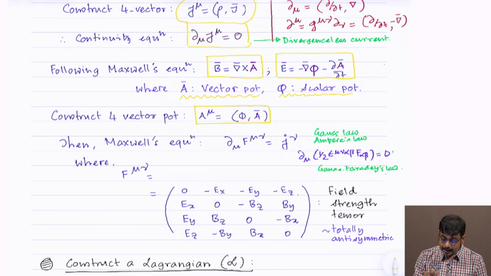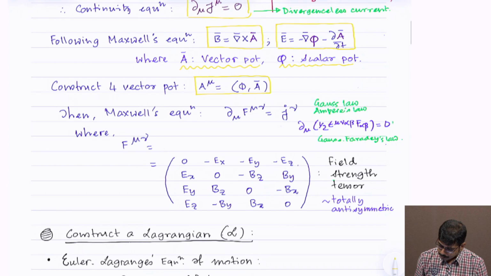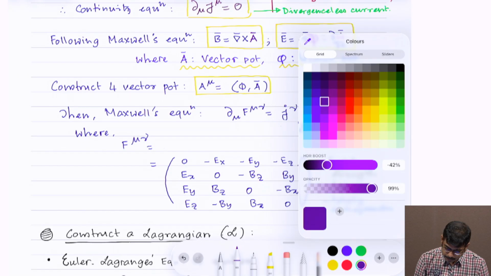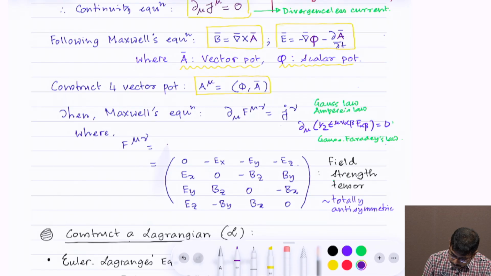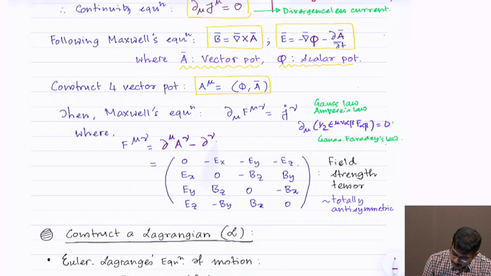Okay. And interestingly, then we can construct something called F mu nu. Now, what is this F mu nu? We can define it in terms of del mu A nu minus del nu A mu.